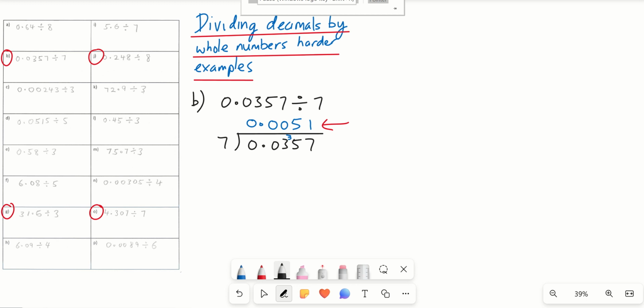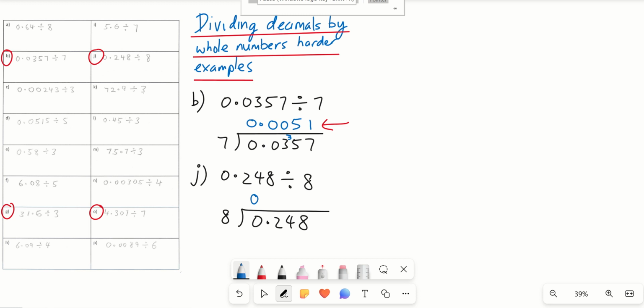Our next example to explore is J. And J goes like 0.248 divided by 8. So again, 0.248 goes into the division bracket with 8 on the outside. Again, starting from the first digit in the dividend, 8 goes into 0.